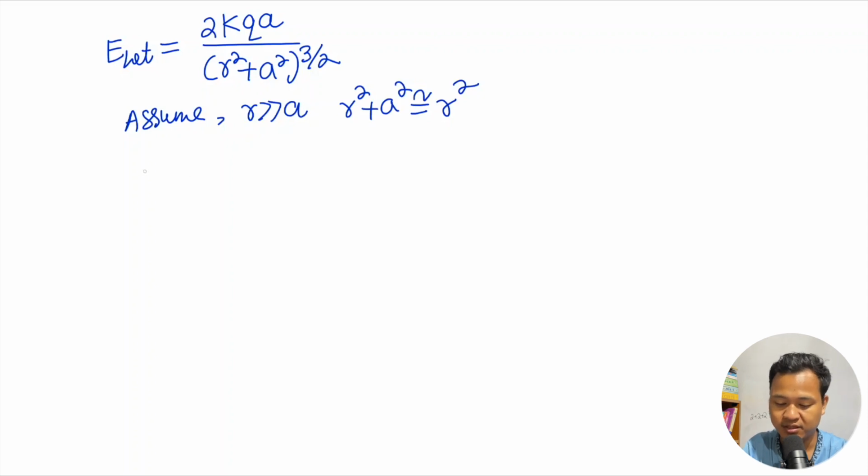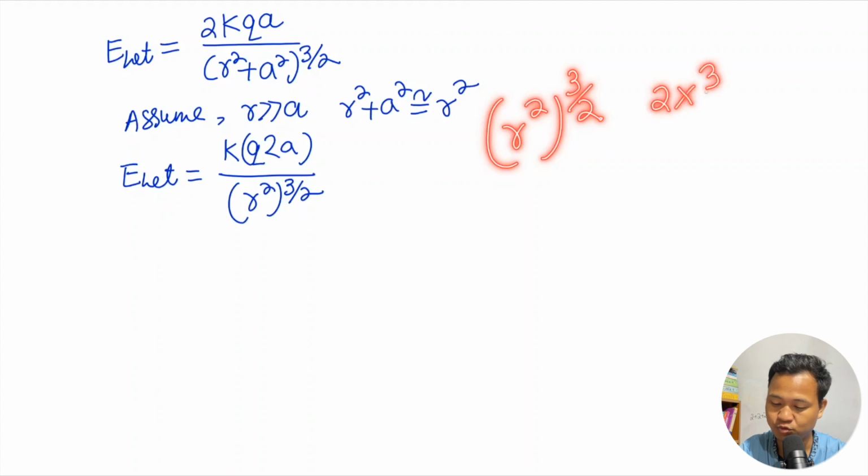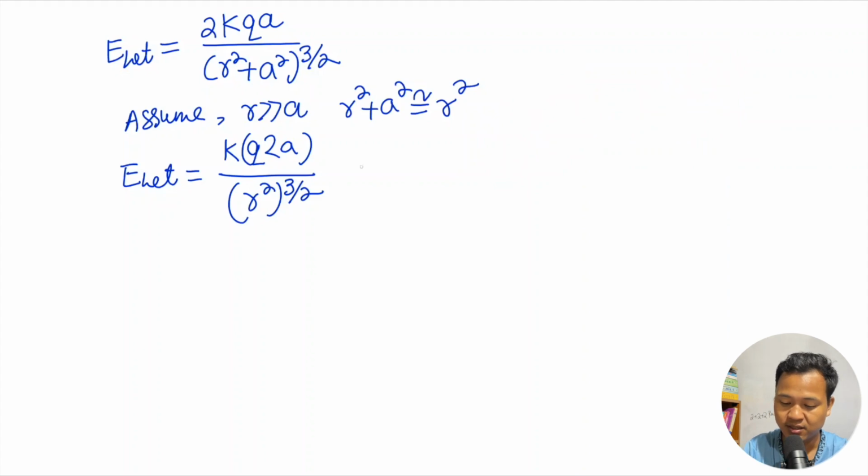Applying this, E-net equals k into q into 2a divided by r square power 3 by 2. Solving the power, you have 2 into 3 by 2, so 2 cancels out and you will have 3. So k into p divided by r cube.